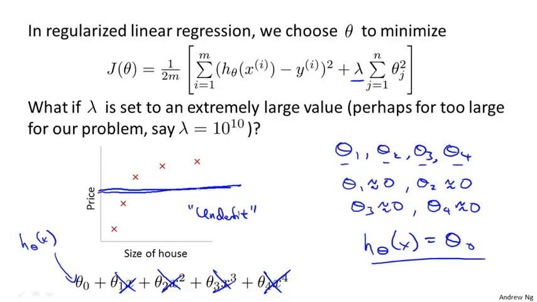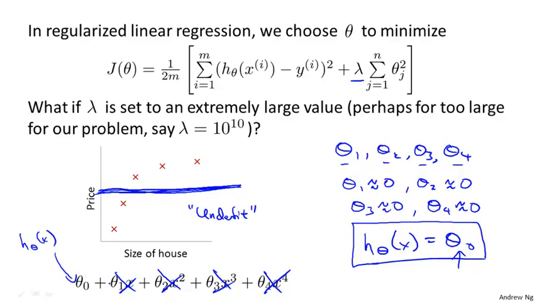Another way of saying this is that this hypothesis has too strong a preconception or too high a bias that housing prices are just equal to theta 0. And despite the clear data to the contrary, it chooses to fit just a flat horizontal line to the data.